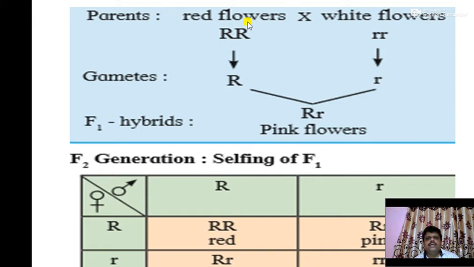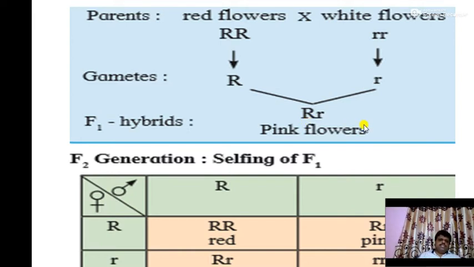The red plant will produce gametes capital R and capital R, and the white one will produce the r and the r. When these fuse, the F1 generation will be a pink flowering plant.